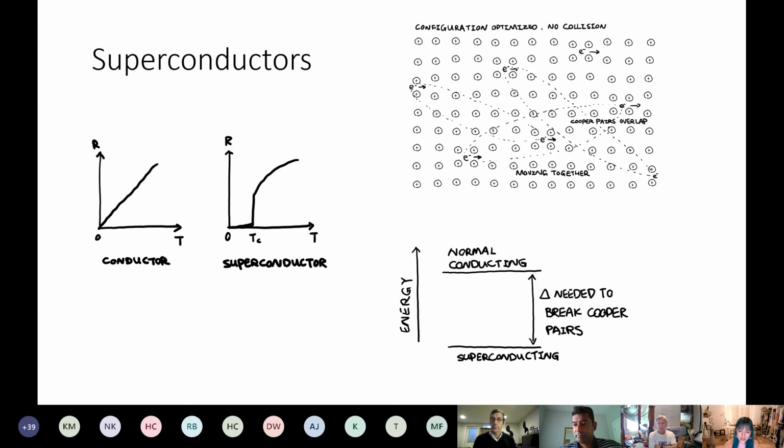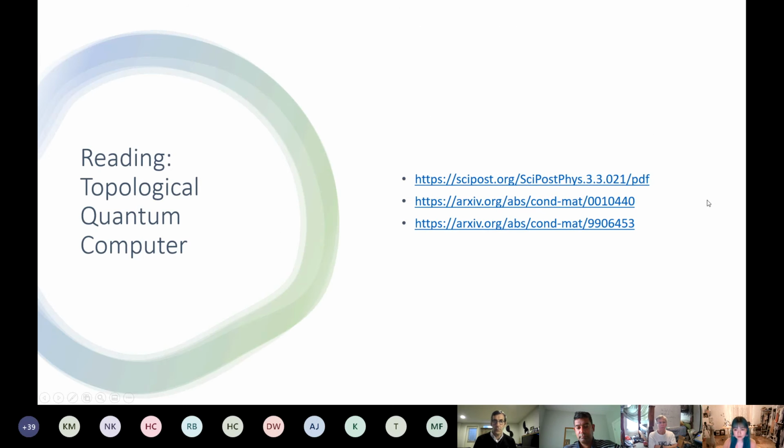If you can cool it down to the superconducting state, then your system is safe from being scattered around. So that's also why we need to cool it down for the topological setup. That's all the basic concepts I wanted to list.